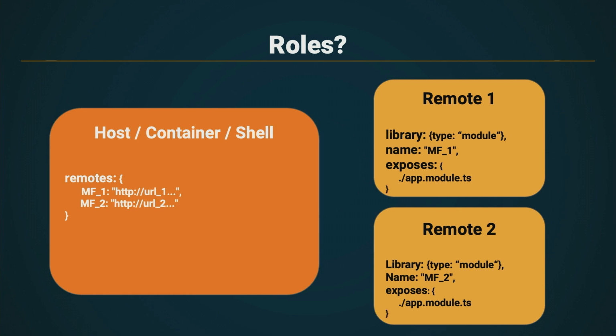The remotes are our micro frontends, and the host is our container application. In the host, you define only the URLs of the micro frontends you want to use. The micro frontends, which we call remotes, have the name MF1, and the others have the name MF2.